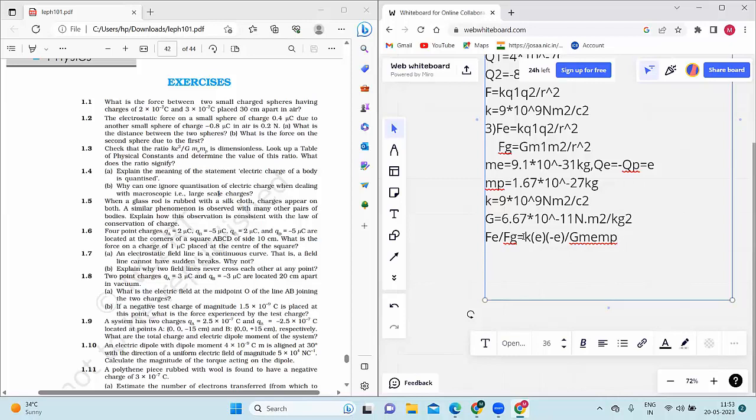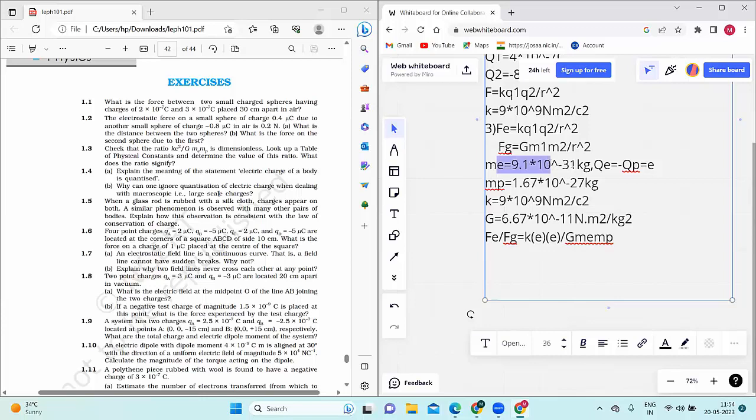This is the magnitude. Actually, we are getting a negative sign here, which means the electrostatic force is attractive. So we will finally get the required equation: Ke square by G Me Mp is equal to the electrostatic force by the gravitational force acting between a proton and an electron.